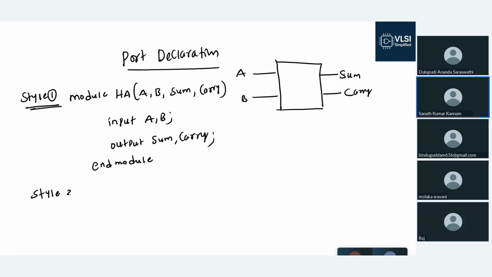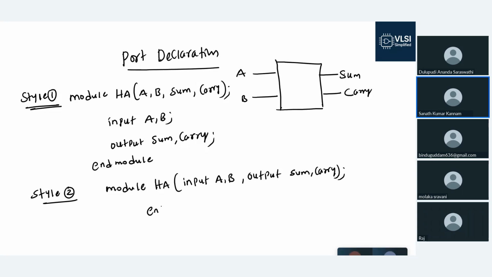Style two: you can define within the brackets itself. Suppose module half adder, input A comma B, comma output sum comma carry, and here a semicolon, and endmodule.